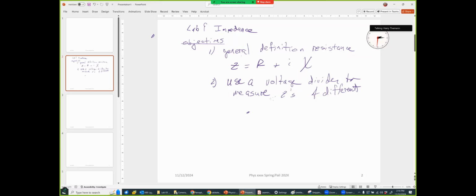Then, with different components, we can extract the value L or C, the inductance or the capacitance. And we're going to learn about what are called Bode plots. This is beyond the lab, but the lab is written in some kind of academic way, and I'm going to make this practical, like I do in my basic electronics class. We'll learn how engineers and scientists actually use these things.